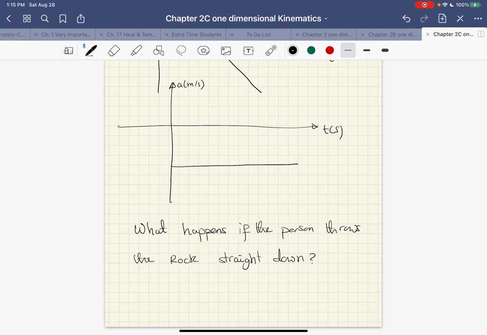Okay, now the only thing that is going to be changing is that V initial is going to be negative 15, and then you have to repeat your solution using that V initial. The detailed solution is provided for you in the textbook.